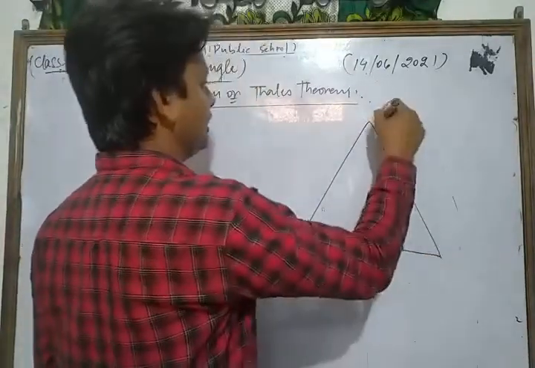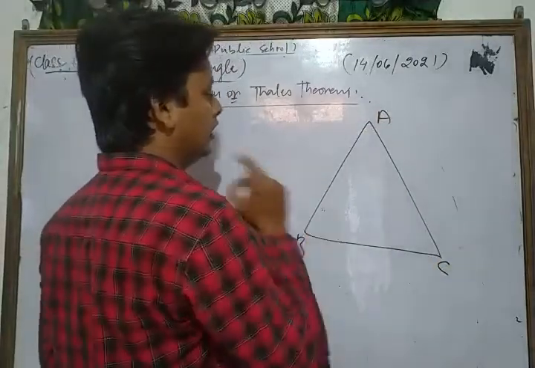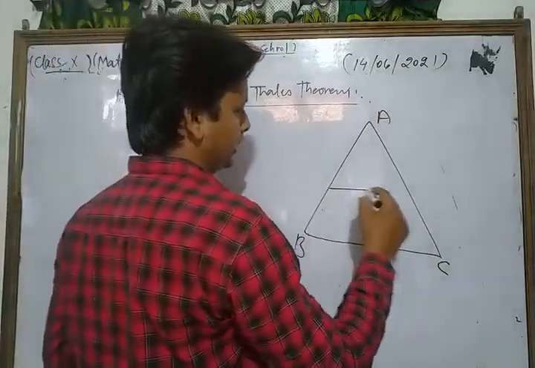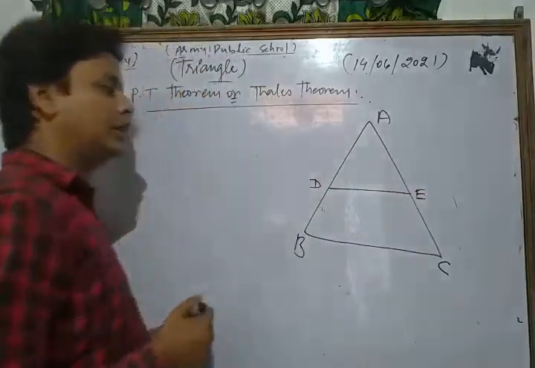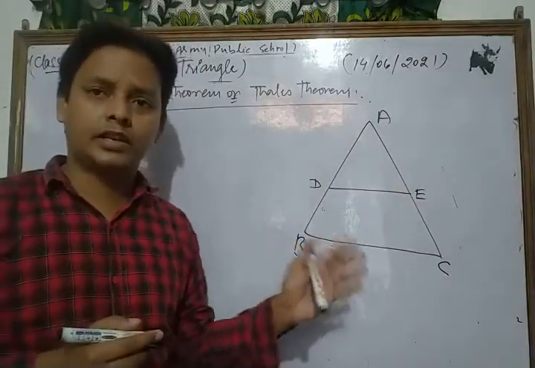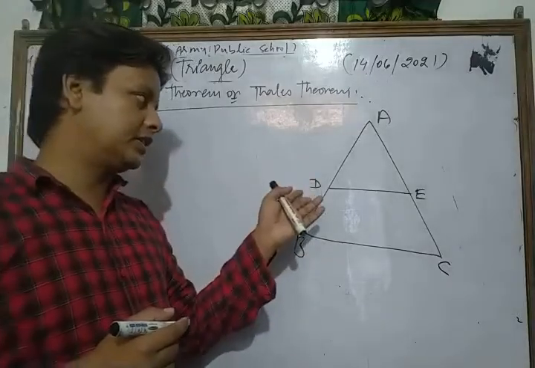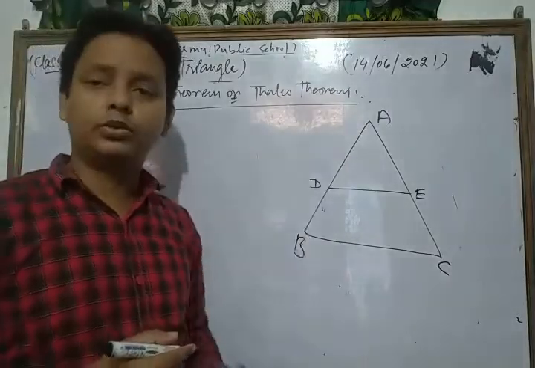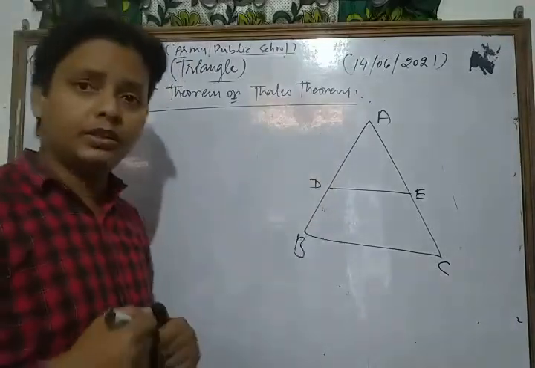In that theorem, if in any triangle ABC a line segment is drawn parallel to any one side of the triangle, suppose DE, which intersects the other two sides at two distinct points, then the other two sides are divided in the same ratio.